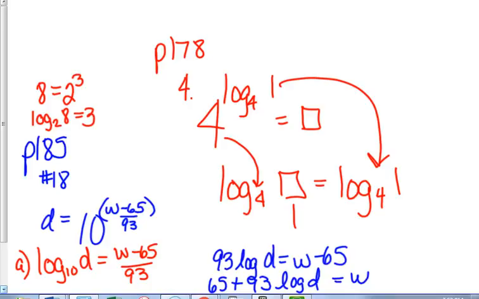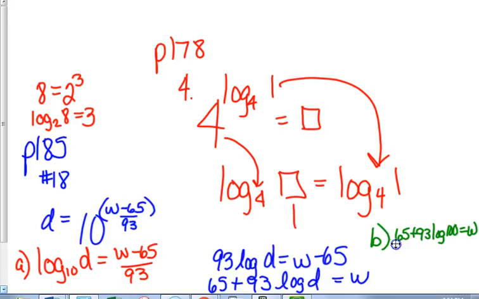And then it says if a tornado travels 100 miles, estimate the wind speed. We're trying to find the W, so we're going to put the 100 in here for D. So for part B, you would type 65 plus 93 log of 100, which we should be able to do in our head actually, equals W. What's log base 10 of 100, guys? 10 to what power is 100? 2.